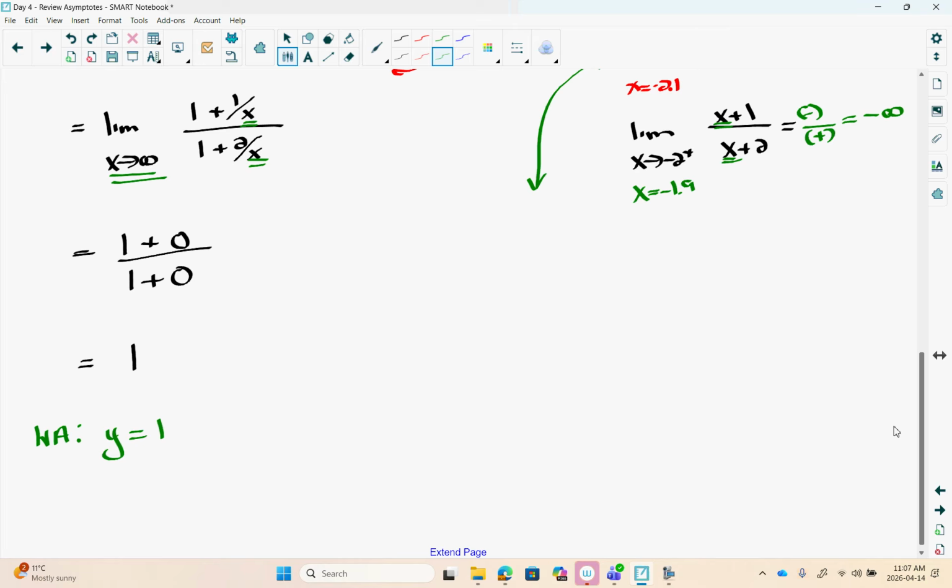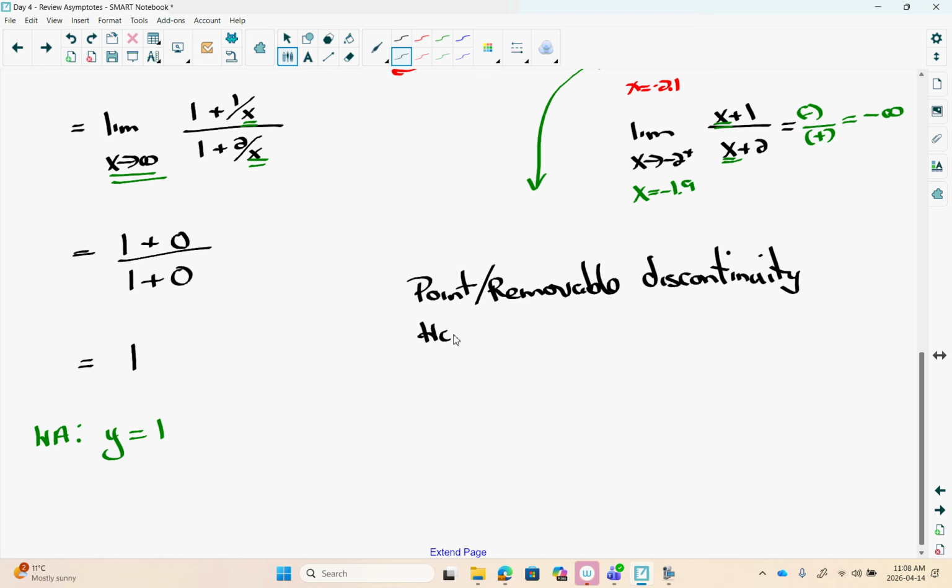They might say removable discontinuity at x equals negative 4. So here's how you find the point or removable discontinuity. And remember, a point discontinuity or a removable discontinuity creates a hole in the curve.